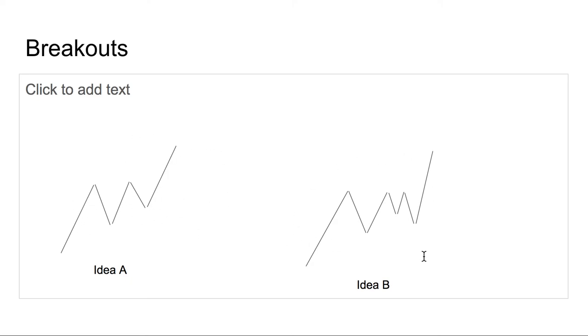So you will see situations like idea B over here, where the stock moves up, goes down, tries to break, goes down, makes a third attempt, and then breaks down. Now look at this. If this is the third attempt, everybody who thought it would go the first time, it doesn't go.